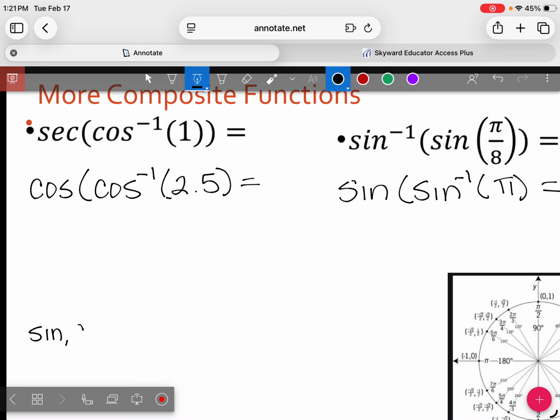Sine, cosecant, cosine, and secant: you cannot take the inverse of numbers less than -1 or greater than +1. That's what you need to remember. And for tangent and cotangent, you can do any number.